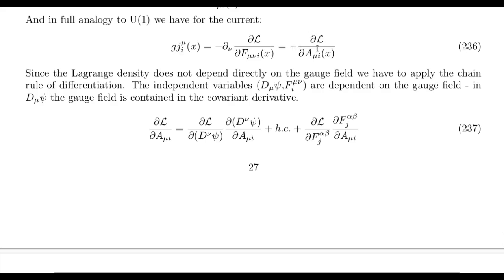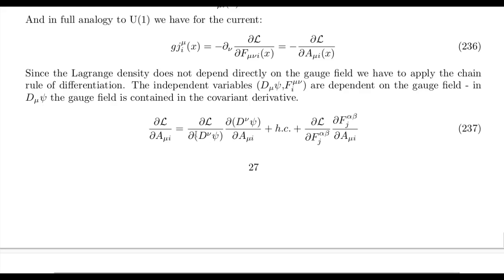The Lagrange density does not depend directly on the gauge field A. The gauge field is included in the field tensor F and in the covariant derivative. So we apply the chain rule of differentiation, and we must apply it to all the independent variables in which A is contained.